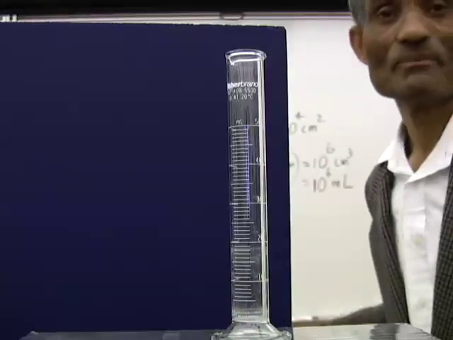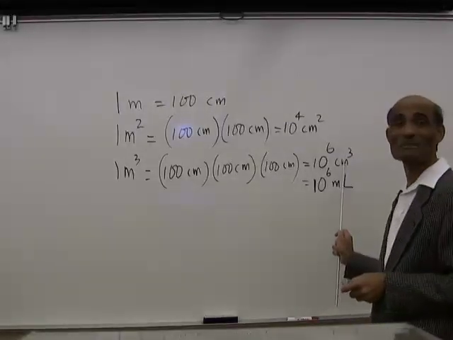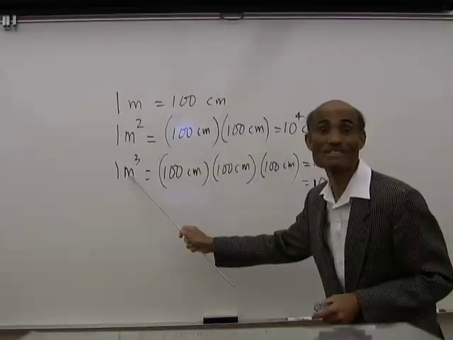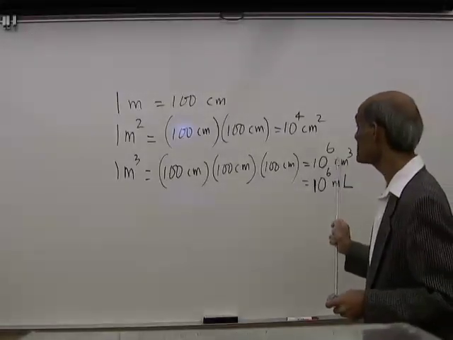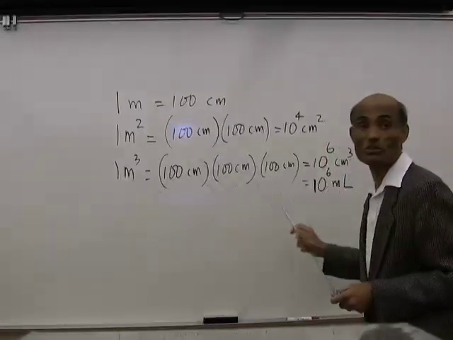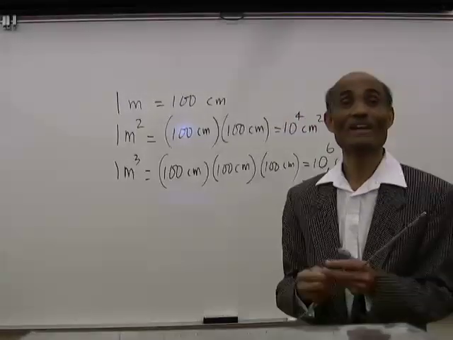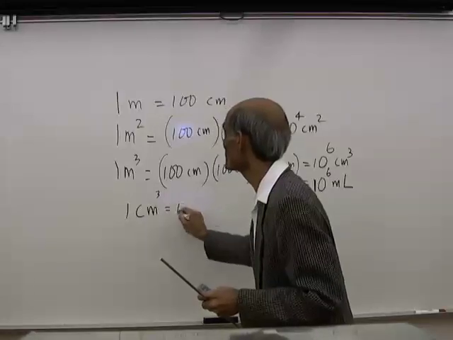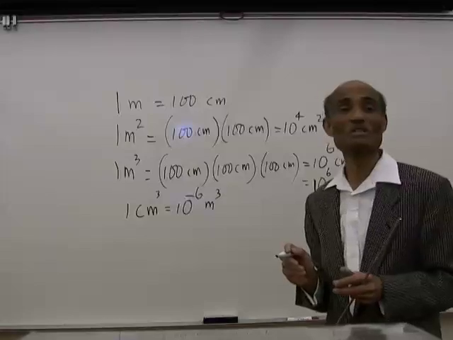Is that right? Okay. Now tell me, if you have some centimeter cube, how do you convert that to meter cube? An important skill that you need right through this course. How do you convert centimeter cube to meter cube? If 1 meter cube contains 10 to the power 6 centimeter cube, then 1 centimeter cube will be equal to 10 to the power of -6 of a meter cube.